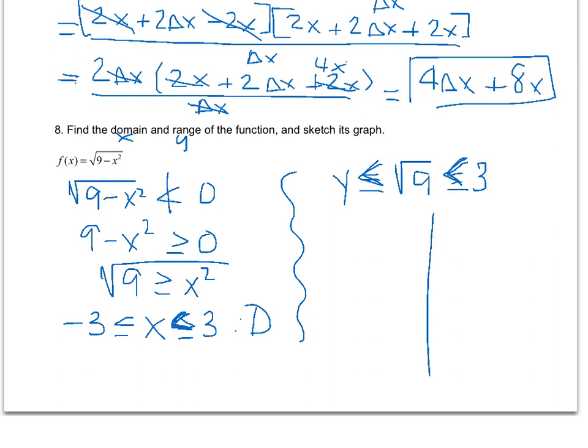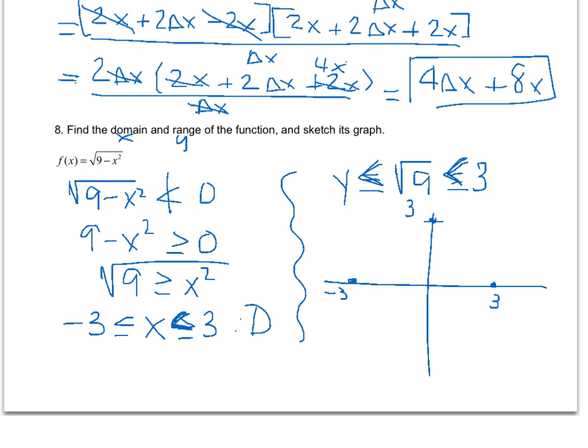So if I were to graph this, I know from doing this that your domain can only be values between negative 3 and 3, and it has to be less than or equal to positive 3 on the y-axis.